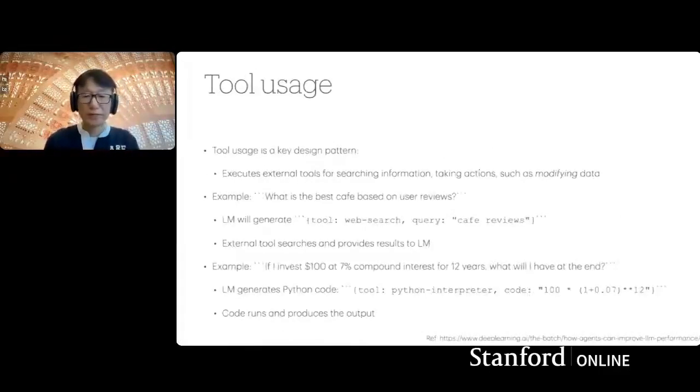Tool usage is something that we've seen before. Ask the model to generate the API pattern so that you can use this API function prototype to make actual code.